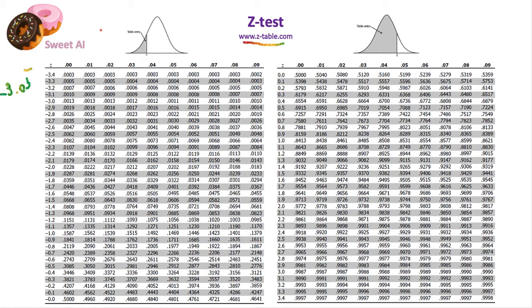For finding the p-value for this z-score, we find the row minus 3.0, and then we find the column 5 here. So this is the p-value that we have, right? This is for values from 0 to minus 3.4, and this is from 0 to plus 3.4.